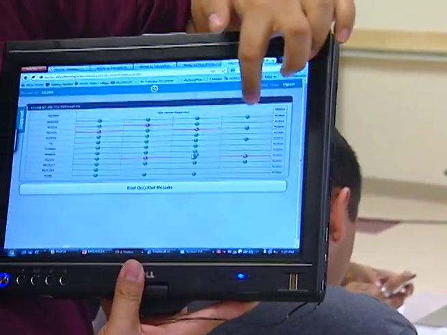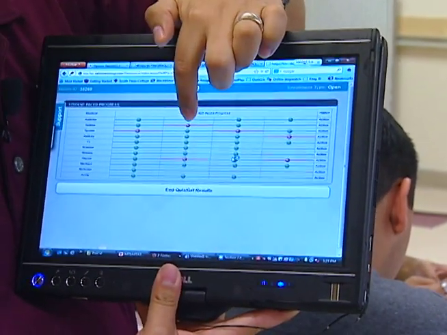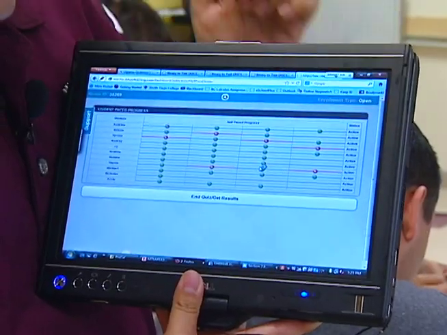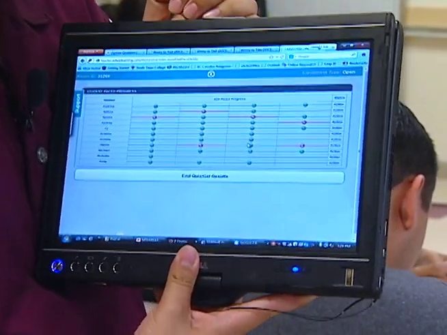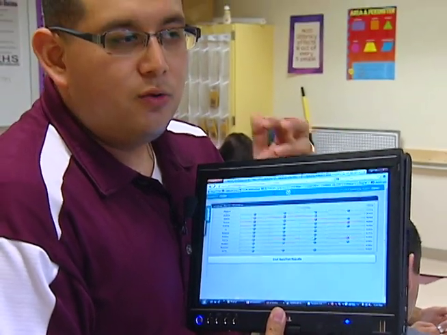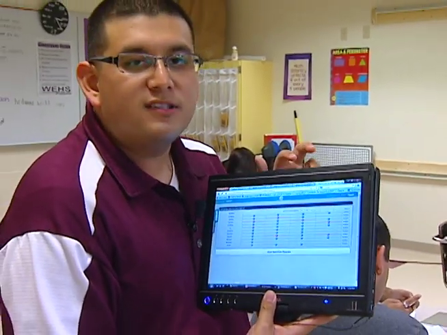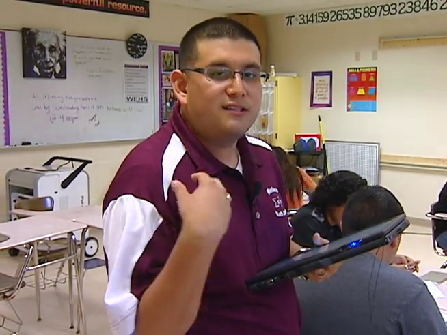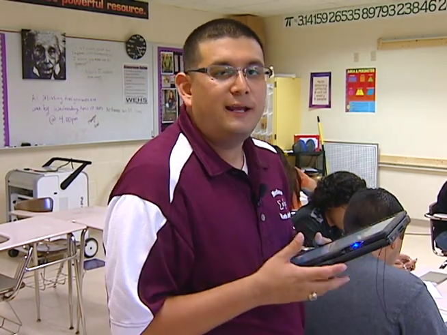Every green mark denotes a correct answer, and every red mark denotes an incorrect answer. So I know while they're taking the quiz who understood a concept and who didn't, and then I can go in and focus on that student. And it really helps for a more one-to-one relationship with the student, because if I can assist every student every day, then my students gain so much more from it.